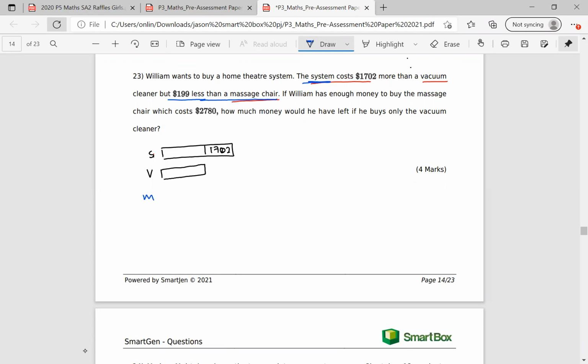For most students, they will think that it's the vacuum cleaner that is lesser than the massage chair, and I see that's the common problem in most of your answers. So the system is 199 less than the massage chair, which means I need to draw the massage chair longer by 199. My 1 unit still stops here, I still have 1,702 here, and then it's longer by 199 here, which I see most students fail to do correctly.